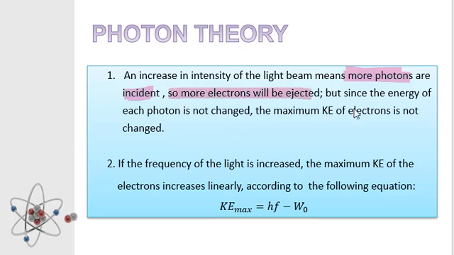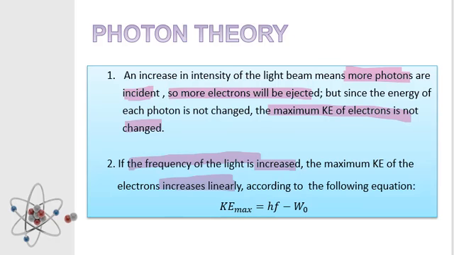Then number 2, if the frequency of the light is increased, the maximum kinetic energy of the electrons increases linearly. So it's not because of the intensity of the light beam, but if the frequency of light is increased, the maximum kinetic energy of the electron increases according to the following equation.